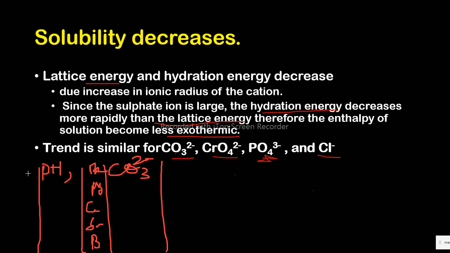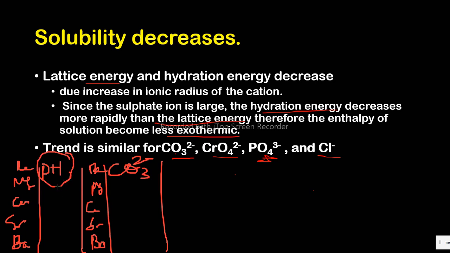But for hydroxides, you have the same beryllium, magnesium, calcium, strontium, and barium. And the question says, explain the trend. Explain the solubility in group 2 hydroxides and group 2 carbonates. So the difference becomes this.